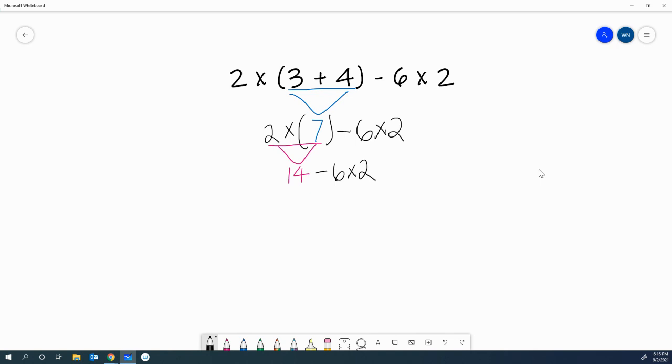Now what's my next step going to be? You should have said 6 times 2, because even though it says 14 minus 6 times 2, you have to remember that multiplication and division come before addition and subtraction. So 6 times 2 is 12. Bring everything else down. Finally, we are at your last step. 14 minus 12 is 2. 2 is your correct answer.